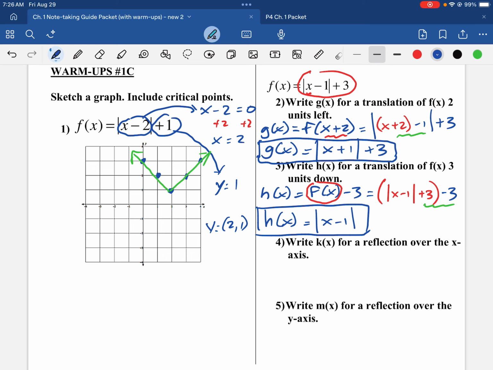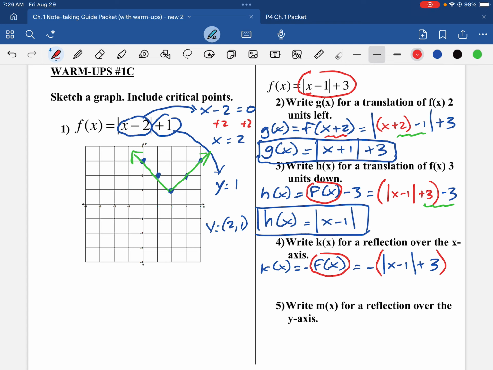Okay. The last two are reflections, so function k, what are we going to do? We're going to do a reflection over the x-axis. So over the x-axis, we're going to take the opposite of f of x. Okay, so no new input here, but again, we can substitute in f of x. Now, it's tempting to just look at the original function and put a minus in front of it, change the sign like that, but that's actually a little bit incorrect because when we substituted in this quantity, okay?